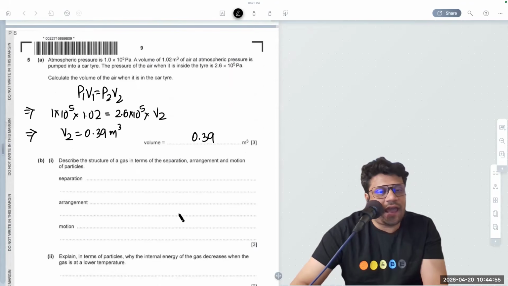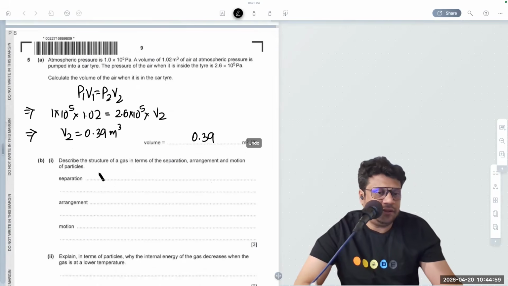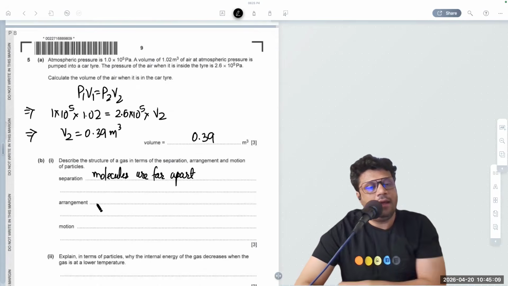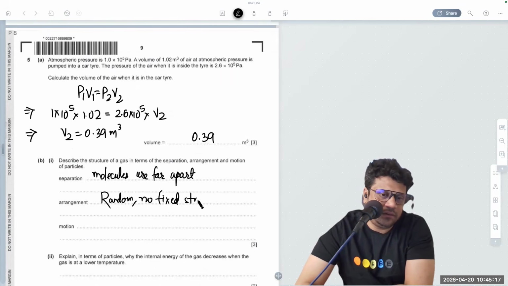Describe the structure of a gas in terms of separation. In separation, the molecules are far apart. Arrangement, it's random. No fixed structure.